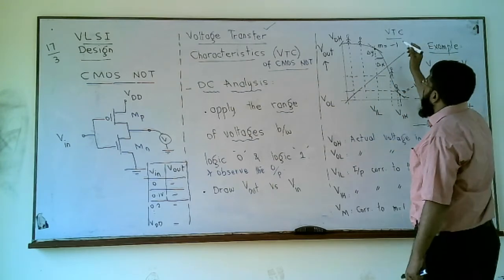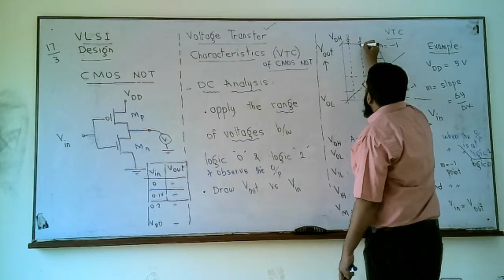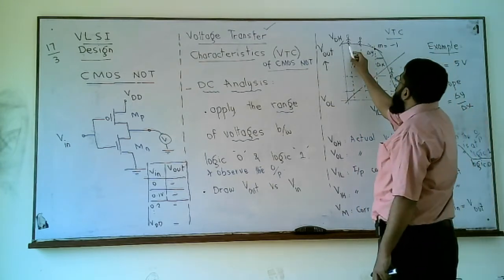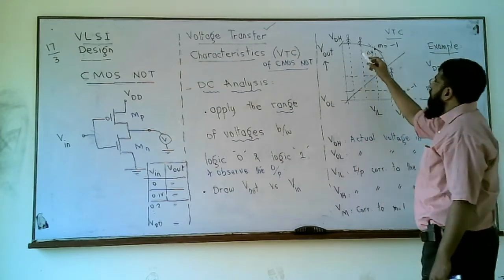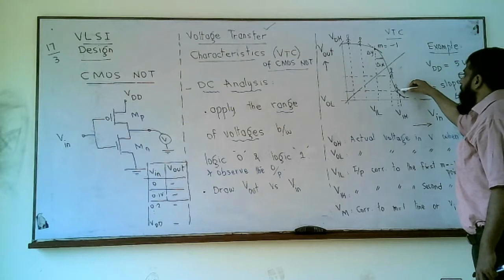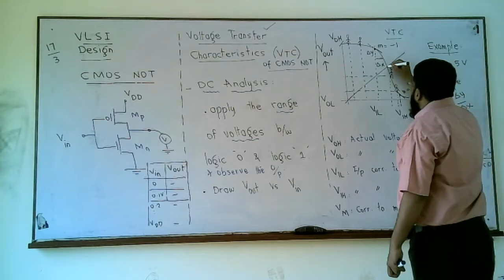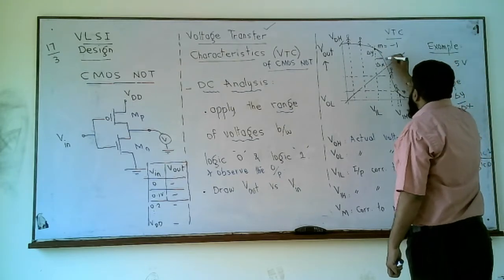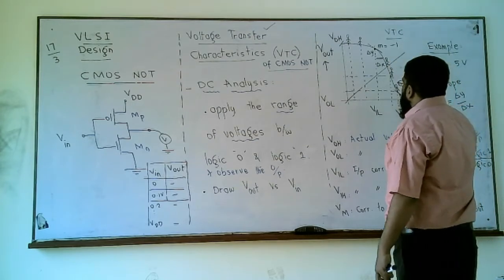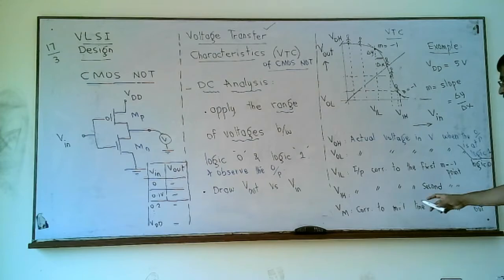So for some of the points, for example these two points, your output voltage is higher than your input voltage. For these two points your input voltage is higher than your output voltage. This means there must be some point, because you are walking down this curve, where your input voltage is exactly equal to your output voltage, that is Vm.